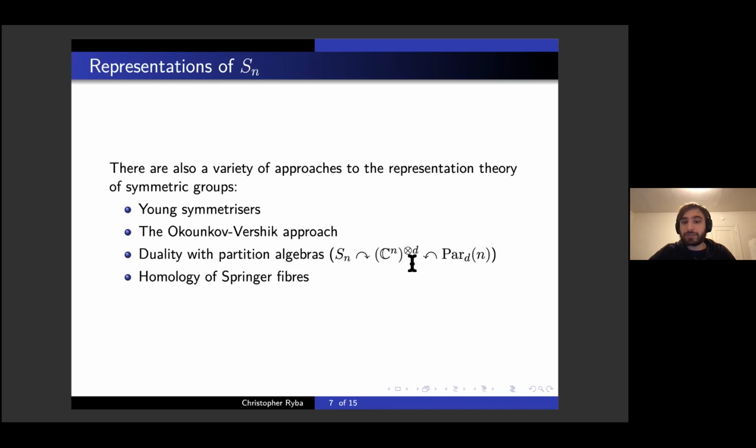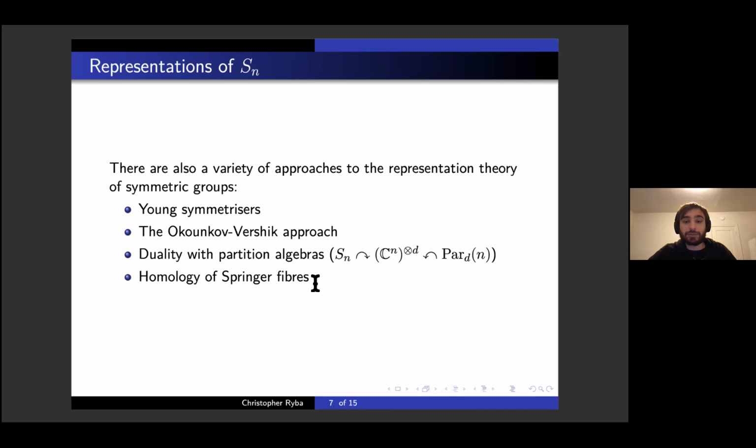While this retains an action of the symmetric group on the elements by permutation of tensor factors, in fact, a larger thing acts, and that is the partition algebra. And so again, by understanding this action with enough detail, one can relate the representation theory of the two objects, and as a result, obtain some understanding of the representations of the symmetric groups.